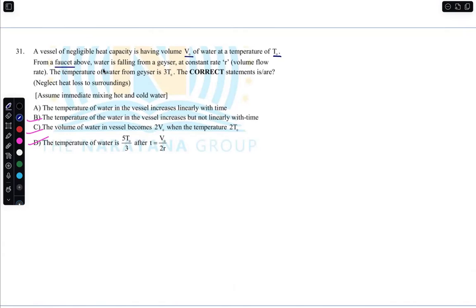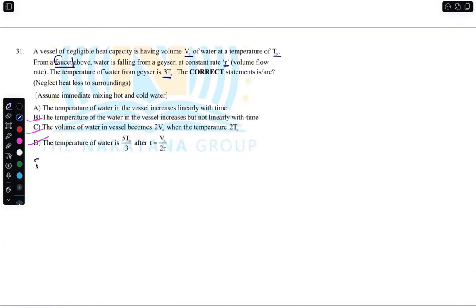From the facts above, I need to get some conclusion on this. Okay, I'll read the further question. Water is falling from a geyser at a constant volume flow rate. The temperature of water from the geyser is 3T naught. Then the correct statements are, assume immediate mixing of hot and cold water.